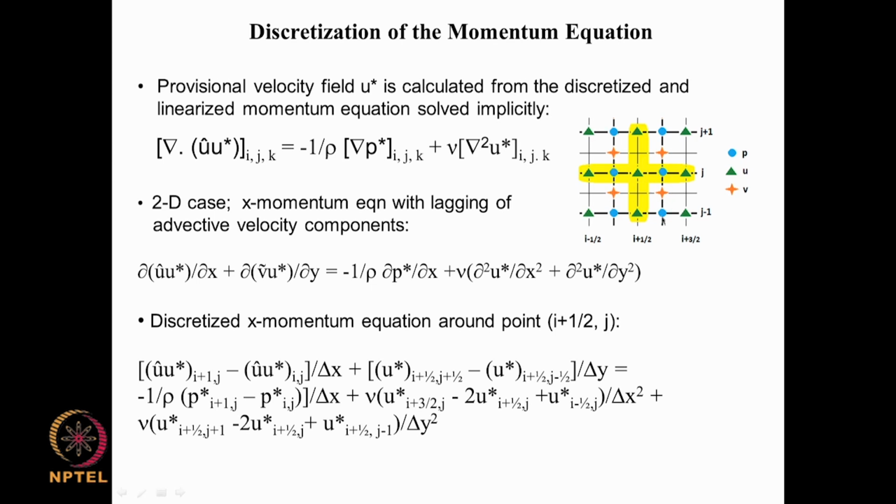and pressures like this. Our momentum equation is given as del dot uu equals minus 1 by rho gradient of pressure plus nu times del square u. And you also have the time dependent term. Let us first look at the steady state terms and see how we do this.